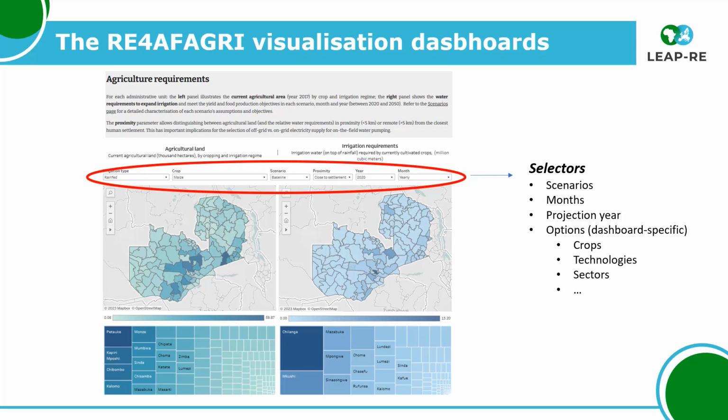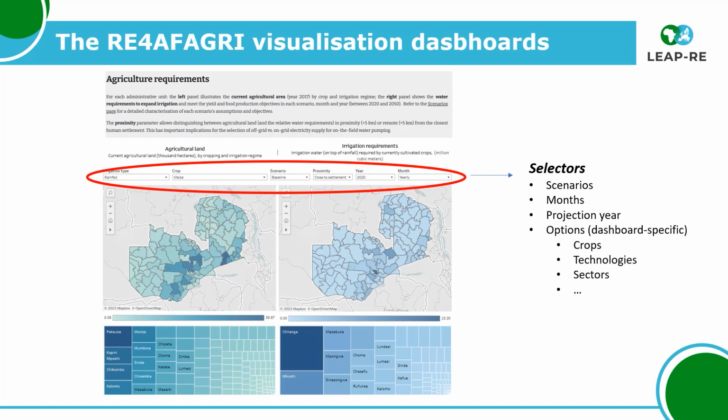Of course, these options are specific to each dashboard, so depending on the dashboard you're accessing, you will have some custom options, but in general, all the dashboards contain the scenario, the year, and the month selectors, which are common. Then the dashboard visualizes the administrative boundaries of the country, and the color coding shows the value of the selected variable.